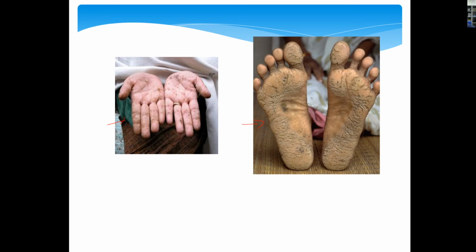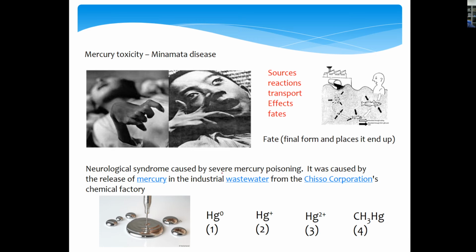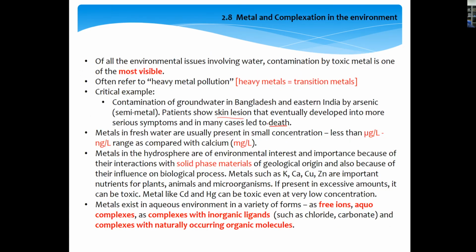So of course, another example is the one that I showed you at the very beginning of the lecture, the mercury pollution, which caused the Minamata disease. So this metal is actually attacking the nervous system of humans. So in most of the fresh water, the concentration of this heavy metal is actually very small.